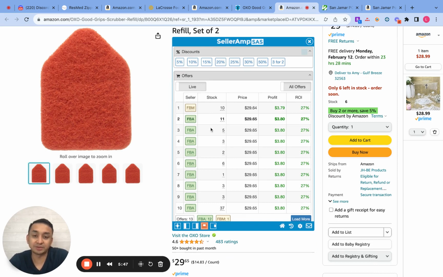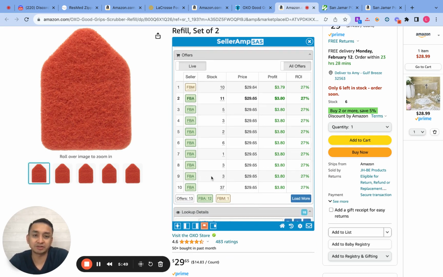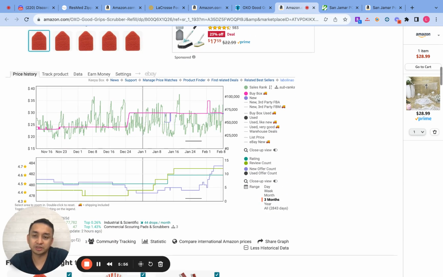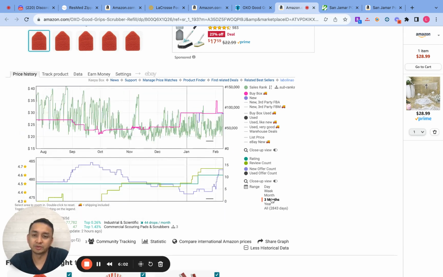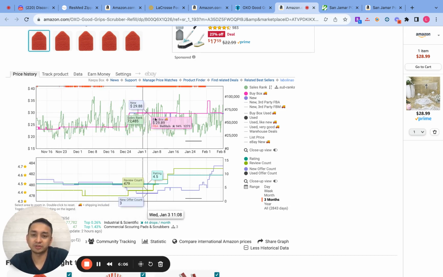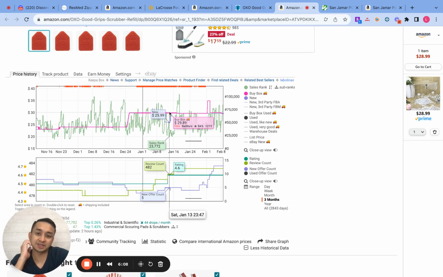So 44 sales a month, and there's 13 sellers here. It's giving you a 27% ROI. And then if you look at the Keepa chart, I mean, it's looking good. It's pretty stable. Price used to be at 24, and now it's up to like 29, $30.